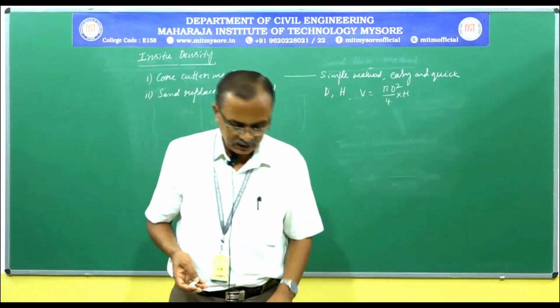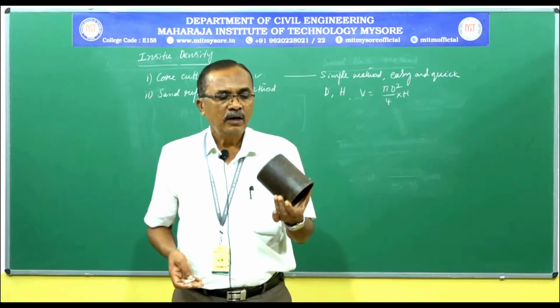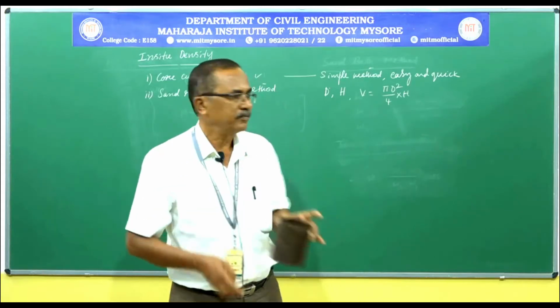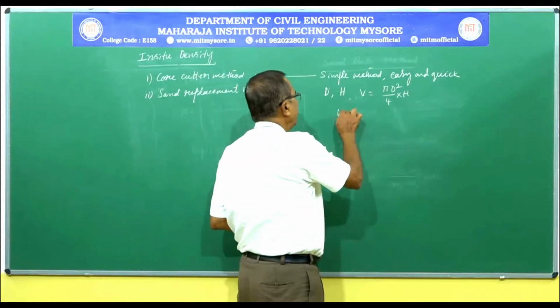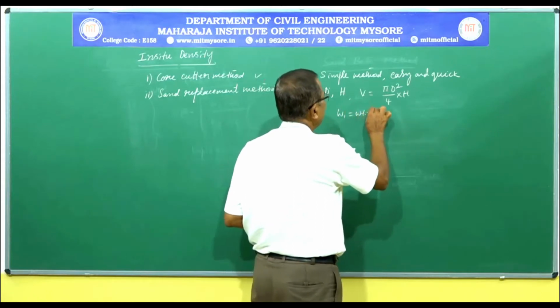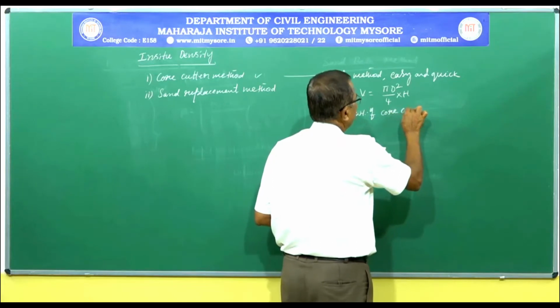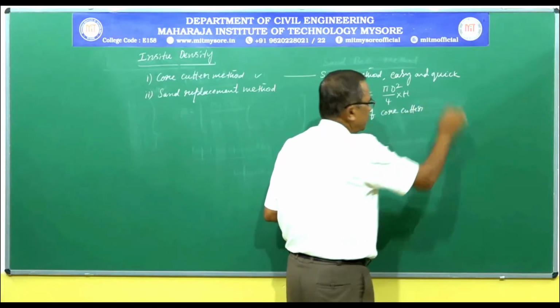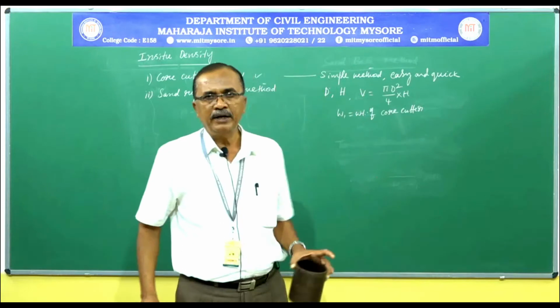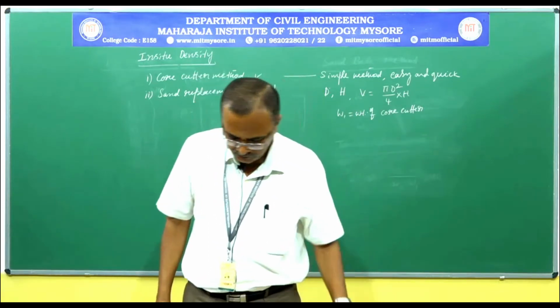Then we note down the weight of the core cutter, say W1, the empty weight of the core cutter. So these are the laboratory observations.